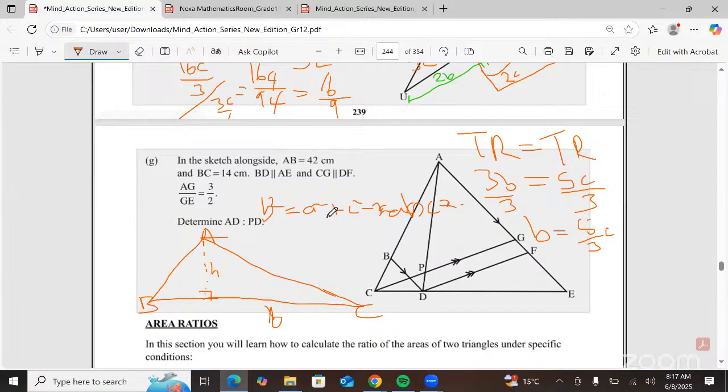Then this is the cosine rule. It is a rule that you can use in trigonometry.